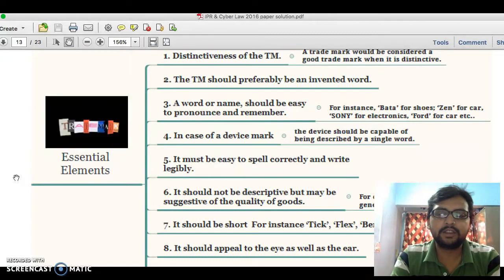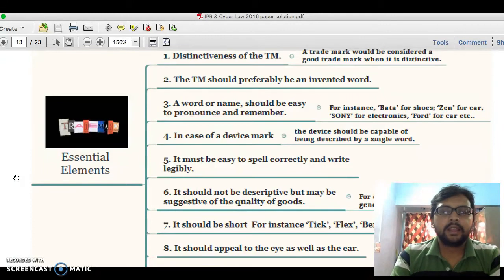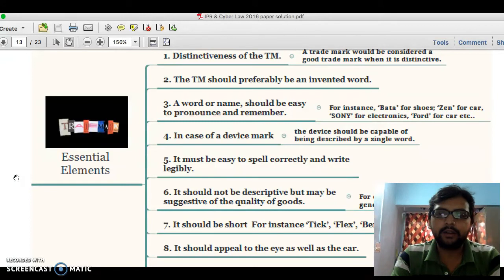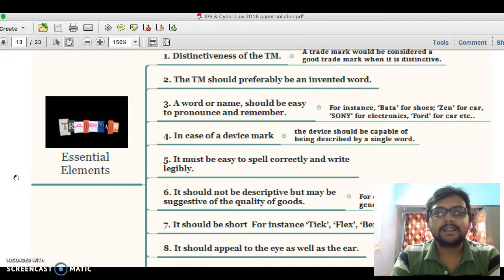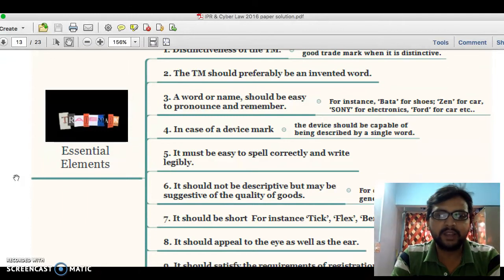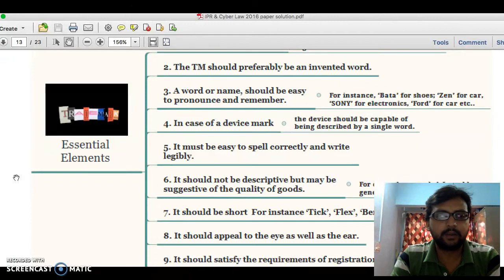As we read the word cab, we can predict that this company deals in cabs. Now when we talk about Apple, it is not descriptive. Just by looking at the Apple icon, one cannot tell whether this company deals in fruit or fruit salad, or in electronic products. So there are basically two types of trademark. There are many classes and subclasses as well, but we are not concerned with them right now with respect to our question.